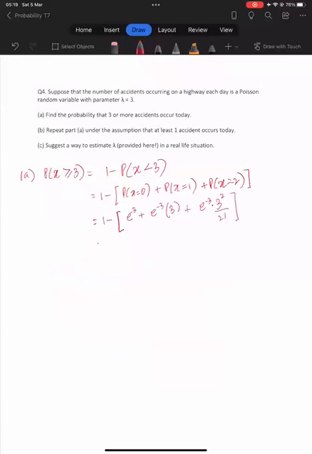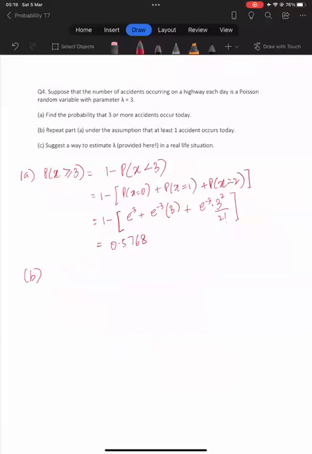And when we compute this, it should come out to be 0.5768.